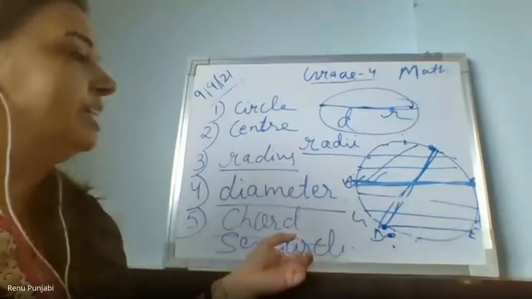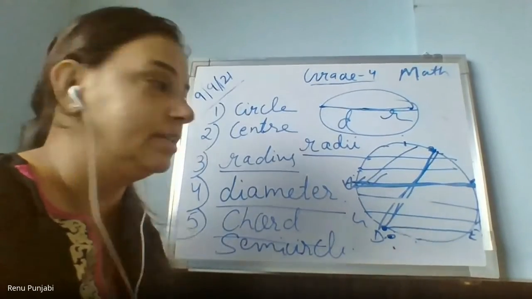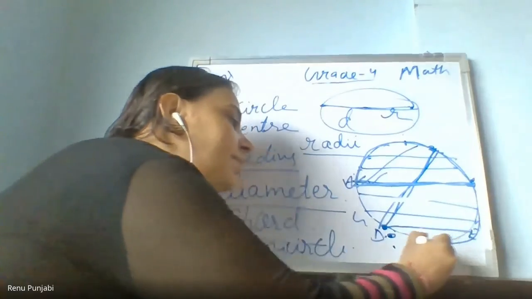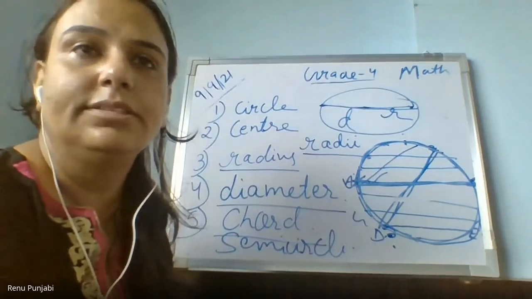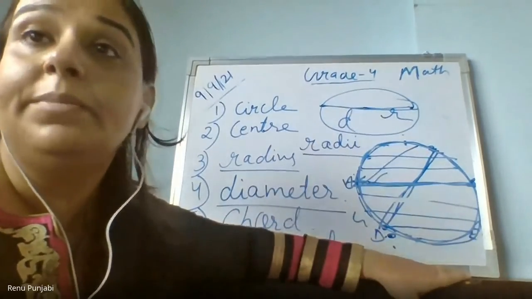Now, after semicircle, I will discuss the circumference of a circle. From the beginning we are hearing the word boundary, boundary, boundary. This boundary is the circumference of a circle. Ma'am, can I tell? Yes, Kiana. The boundary of the circle is called the circumference, the perimeter.